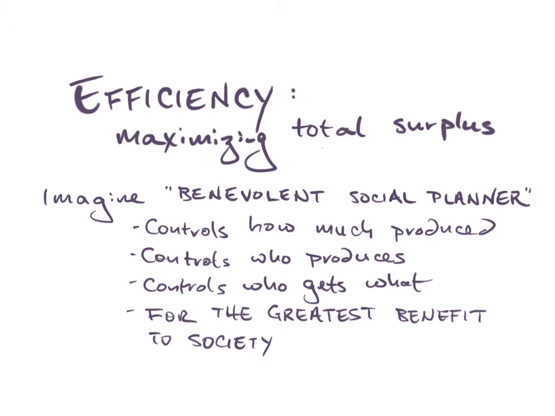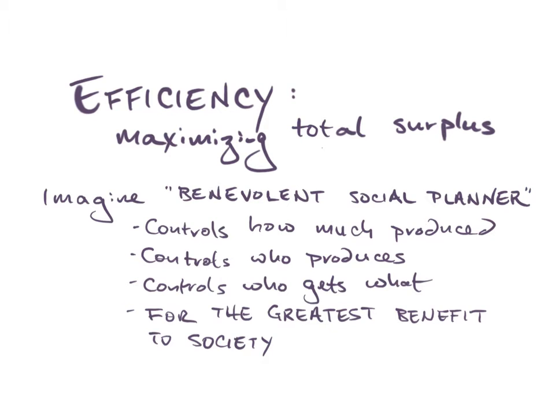Okay, it's also, if we want to get political, sort of like the socialist ideal. Okay, the government thinks about what the country can produce. The government takes charge of production, and the government takes charge of distribution of goods.